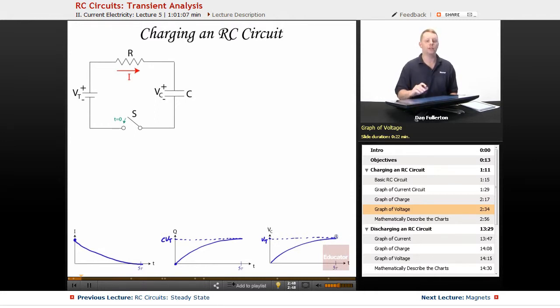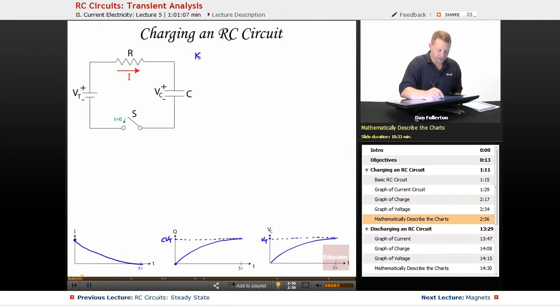Our goal here is going to be to mathematically describe those by actually figuring out what happens rather than just quick estimations. So to do that, let's start by looking at Kirchhoff's voltage law. I'm going to start down here and go clockwise around our circle. So as I look at our potential drops, I see minus V_T first, plus IR, plus the voltage across our capacitor brings us back to our starting point.